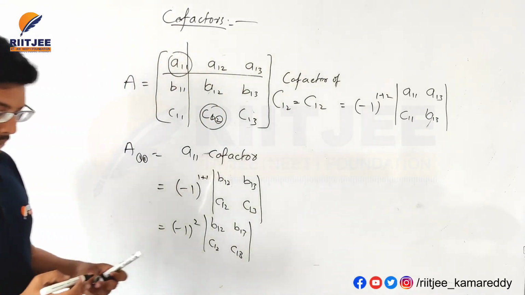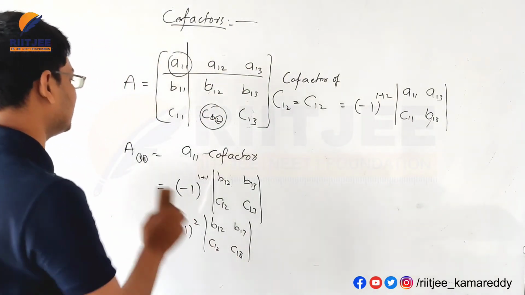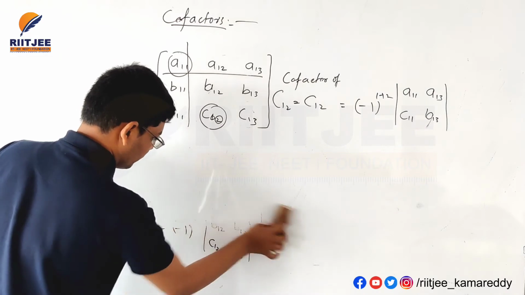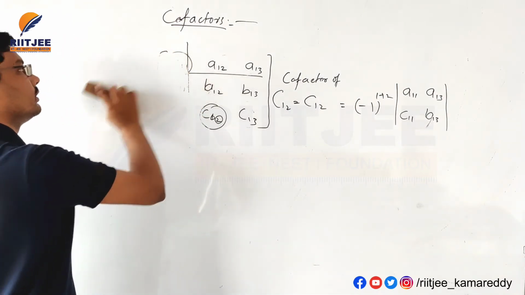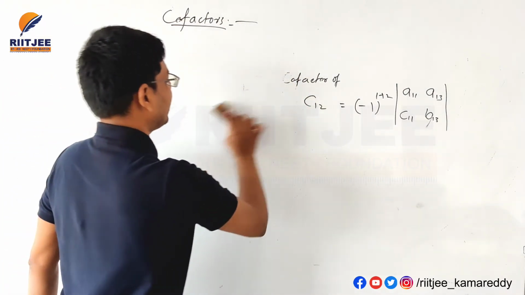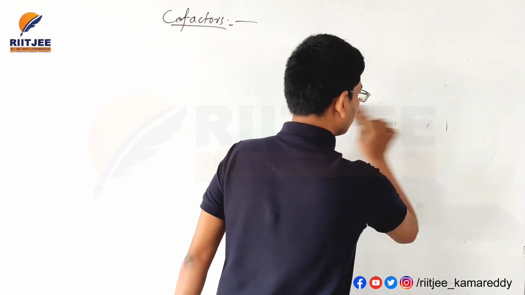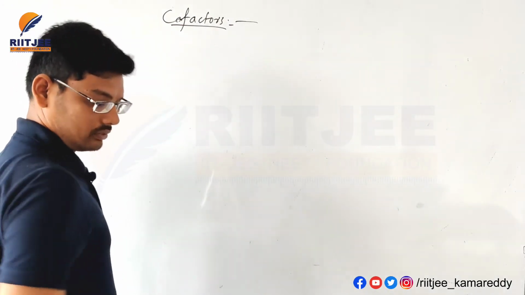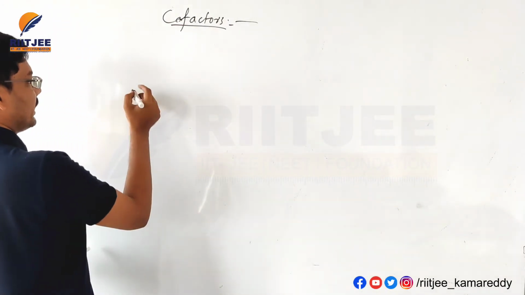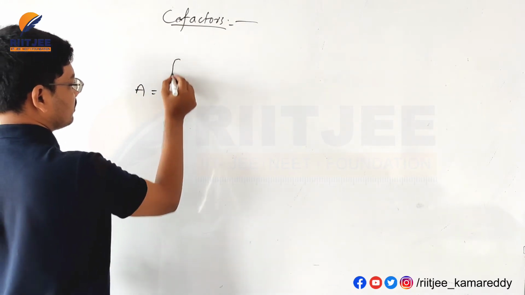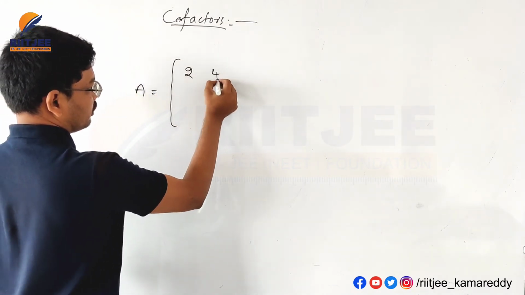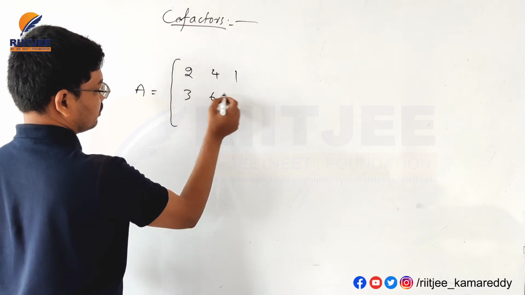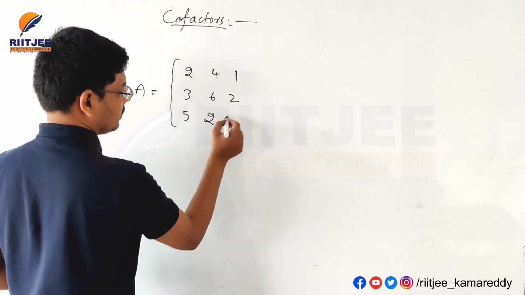Let us take one example here so that we can easily clarify. Let us take one real matrix here. I am taking A equal to 2, 4, 1, 3, 6, 2, 5, 2, 4.